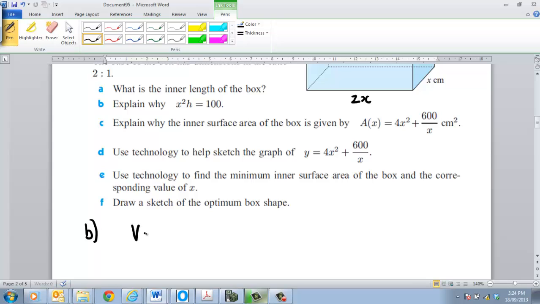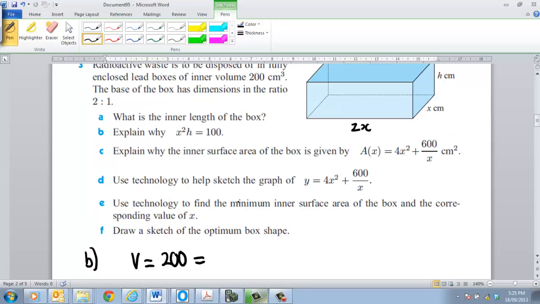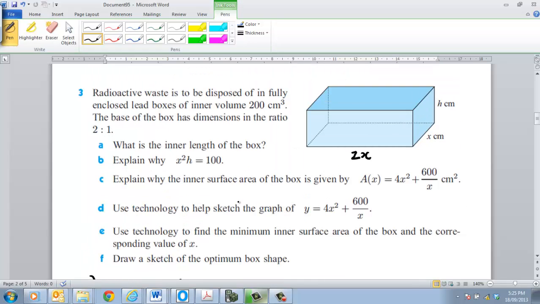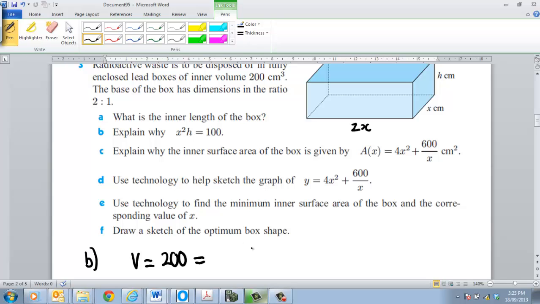The volume is equal to 200, and my container is a box of dimensions 2x by x by h.